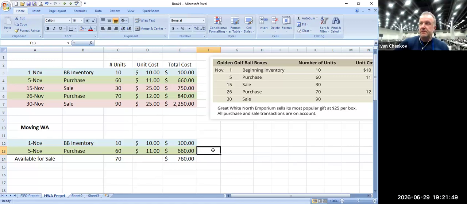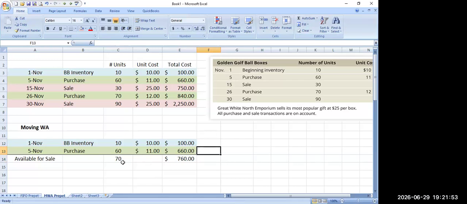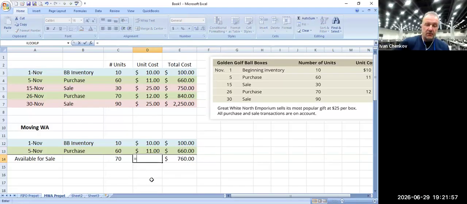Now the question is, what's the average of just those 70 units? Well, we can easily calculate it. That will be 760 divided by 70. And we come up with our weighted average for those 70 items that we have available.